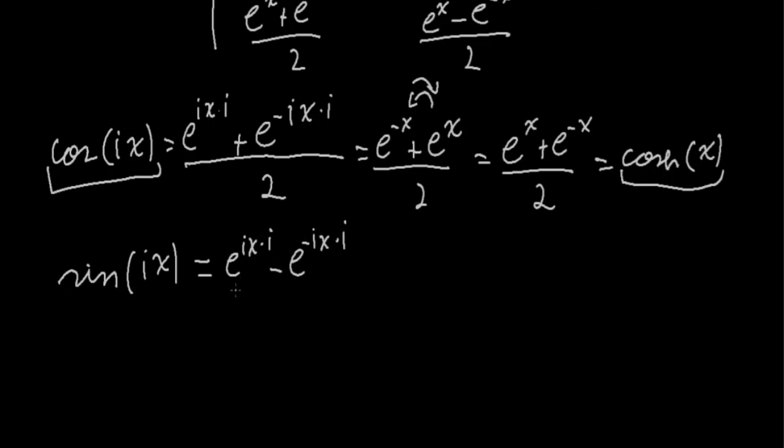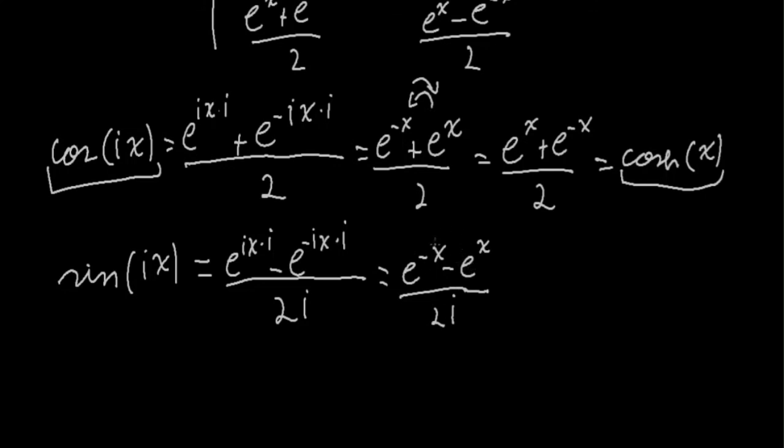And then we divide it all by 2i, and this again will just be e to the negative x minus e to the x over 2i. And here's where the two differences show themselves, right? Here we have 1 over i, and we also have e to the negative x minus e to the x.